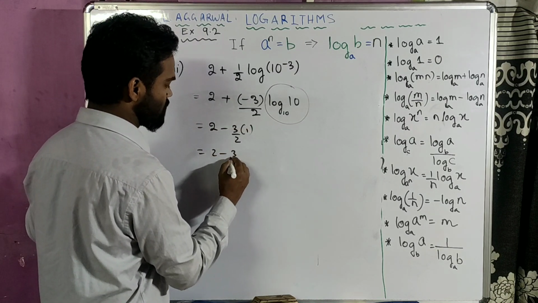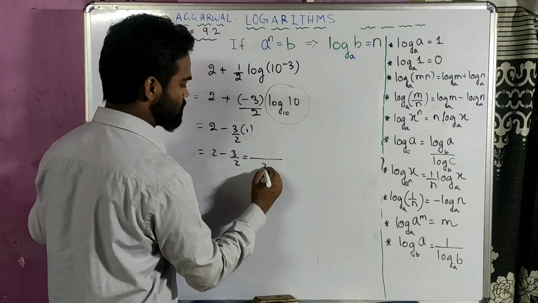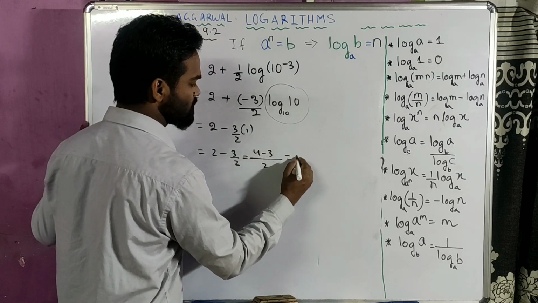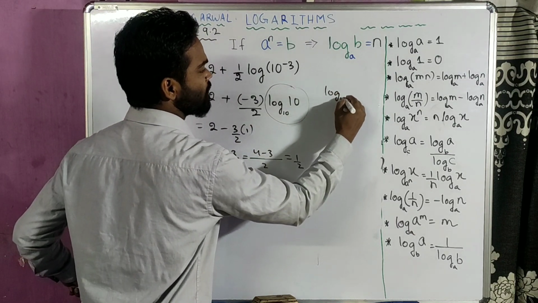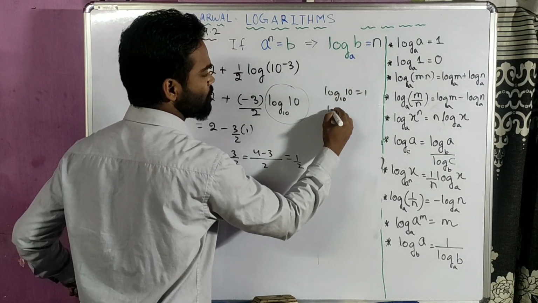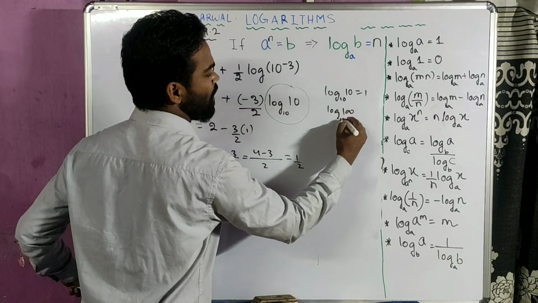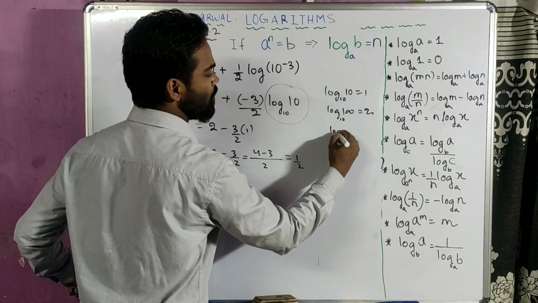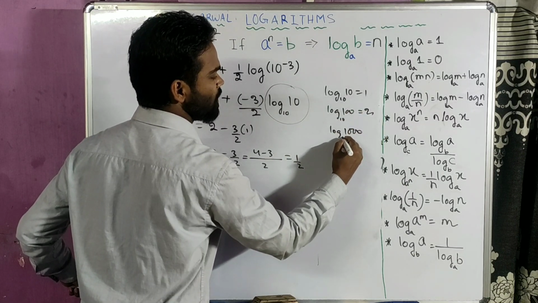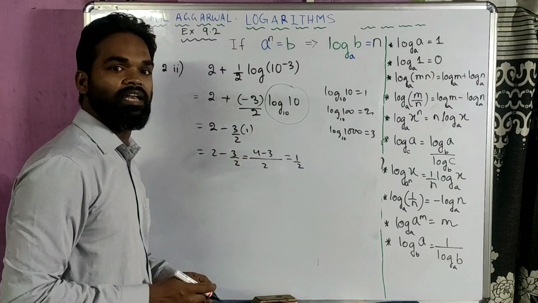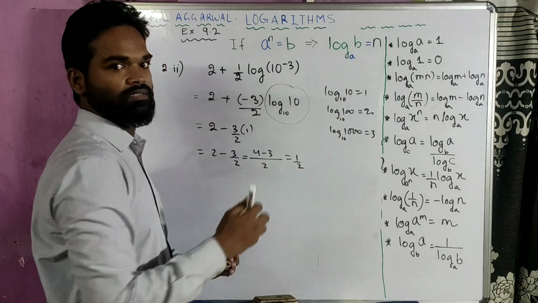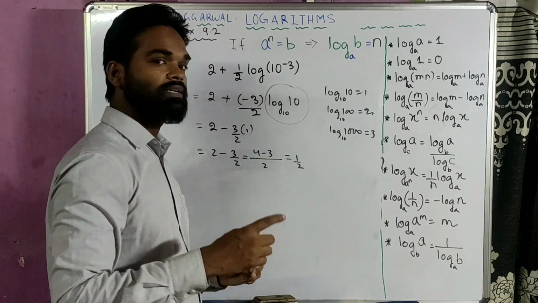So that's 2 minus 3 by 2. So that's 4 minus 3, that's half. Remember, the base is 10. Log 10 is 1. Log 100 is 2. Log 1000 is 3. And so on, provided the base is 10 in all the cases. Okay. Now we look at the next sum.